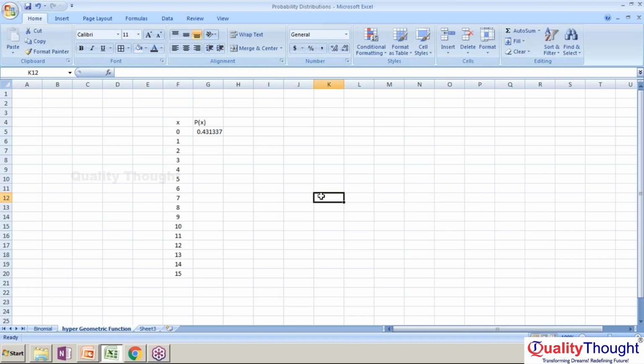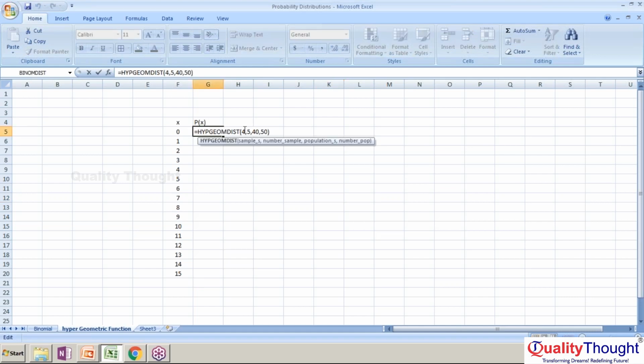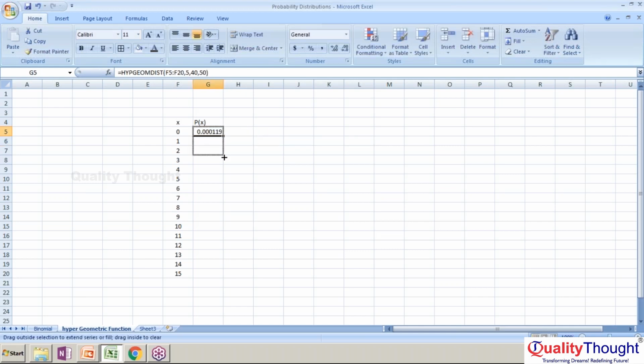Why? Because selecting 0 candidates is 0. Out of 5, I need to select anyhow. The probability of selecting 4 persons out of that union is nearly 43%. You should observe here, it's almost done. Why?